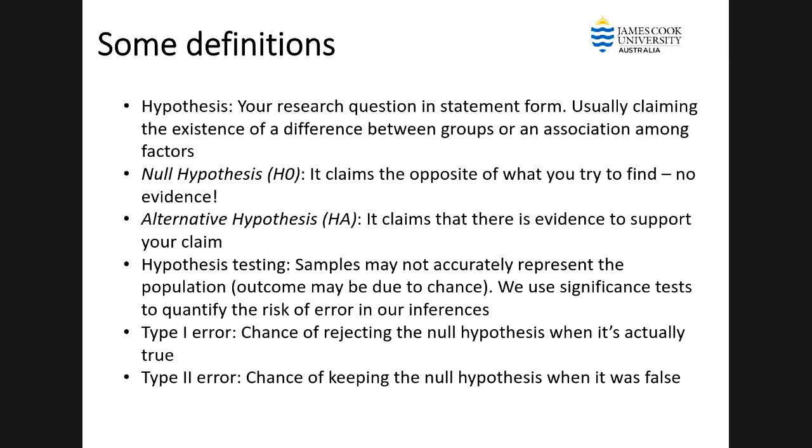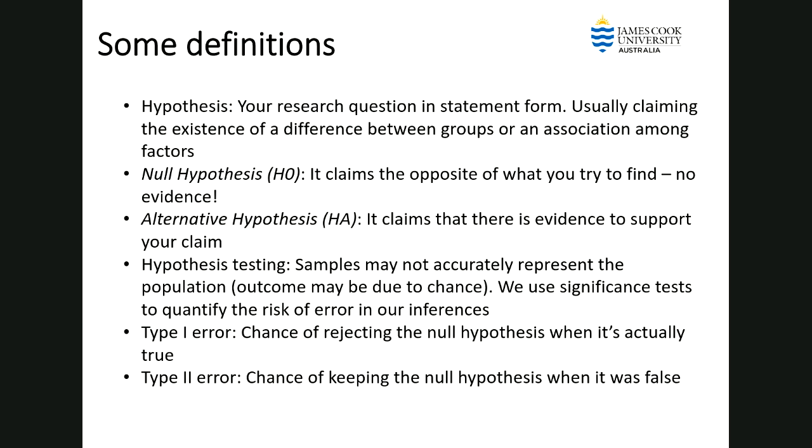Hypothesis testing is basically taking a sample and, from the sample, deciding how significantly you can accept or reject the null hypothesis. This is the testing of the two hypotheses, and there are ways we can do that.